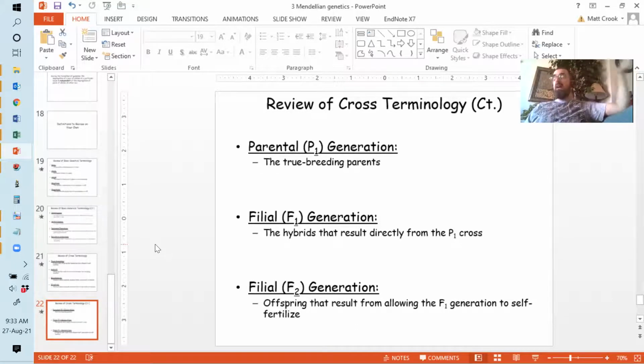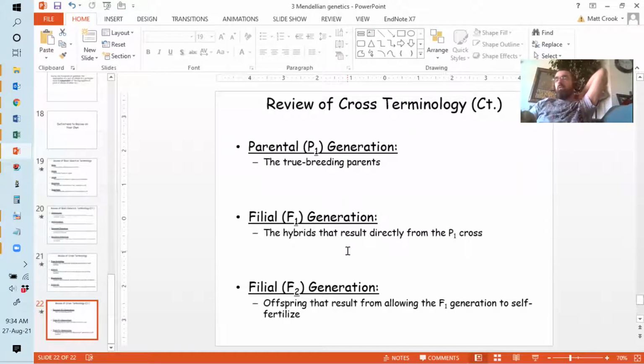And finally, mono and dihybrid crosses have a very formal, almost stylized format. They never change. If it's this particular thing, it's a monohybrid cross. And so part of the monohybrid and dihybrid crosses is they have 3 generations. The P1 or parental generation, which are the true breeding parents, so one is homozygous dominant, one is homozygous recessive.